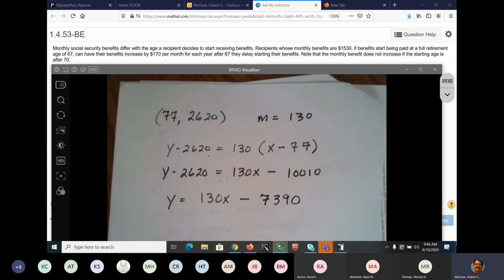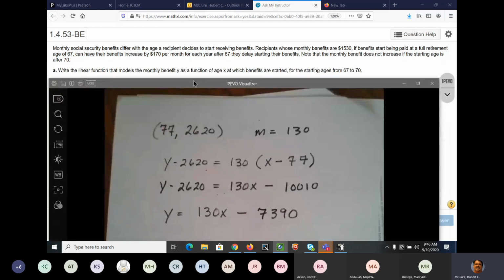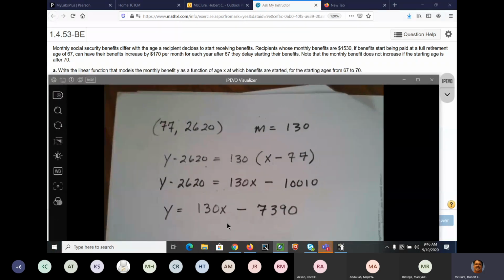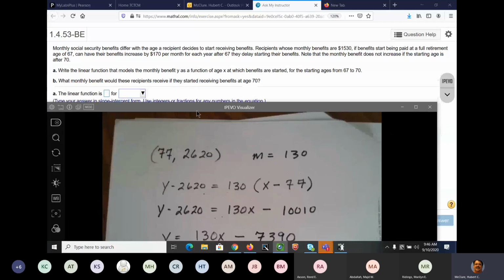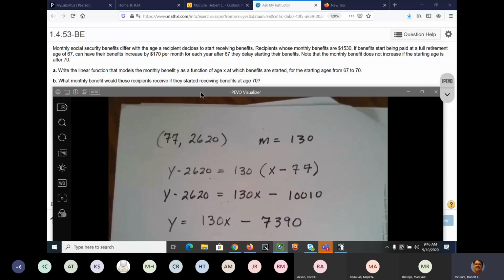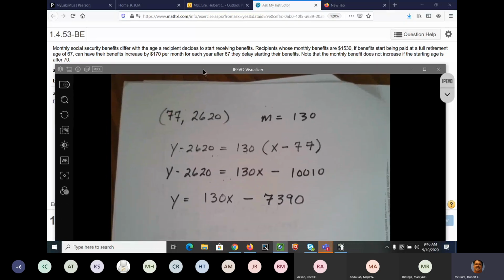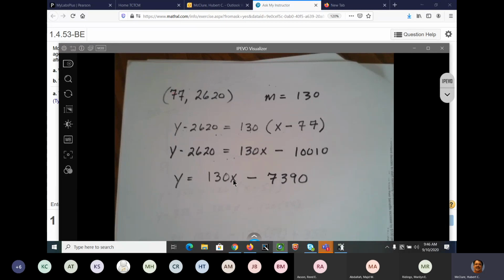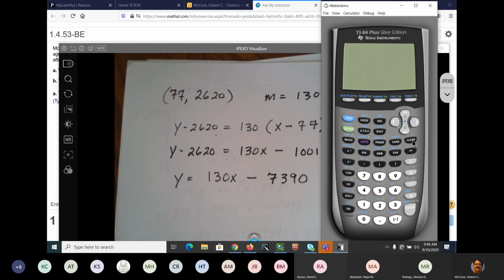And if they ask you to write the linear function, well, that's the linear function right there. And then what monthly benefit would you anticipate at 70? So you would type in 70 for X. Well, turn it on.